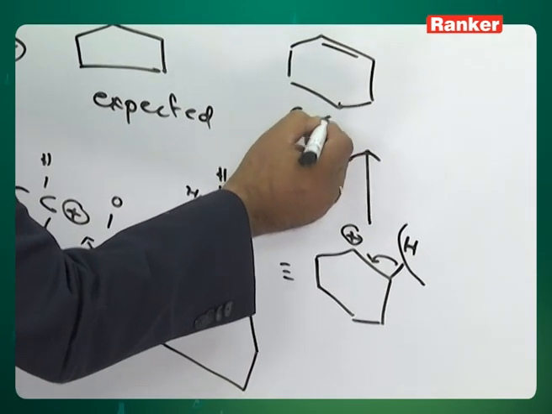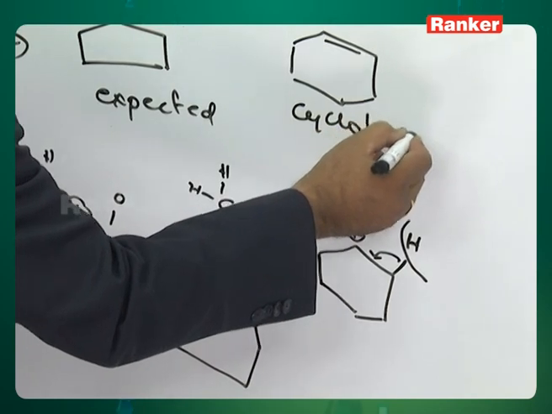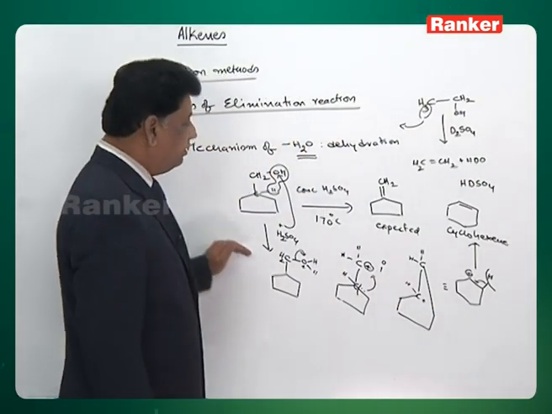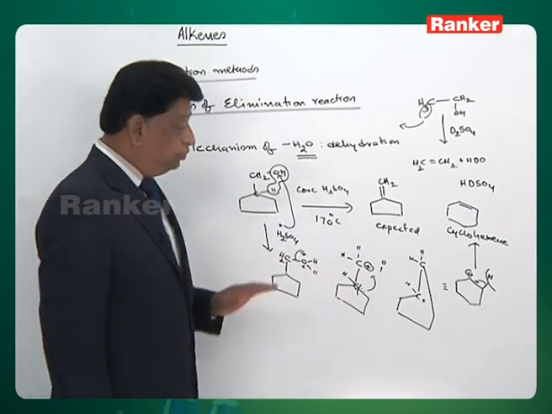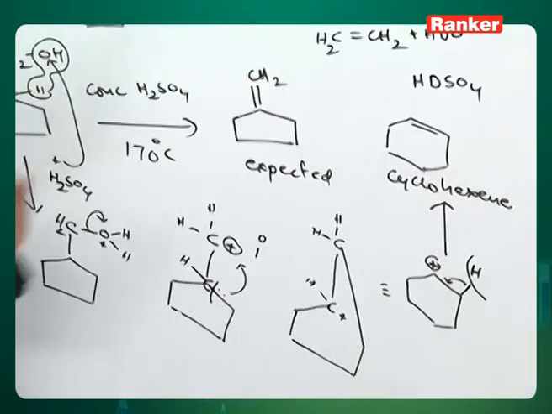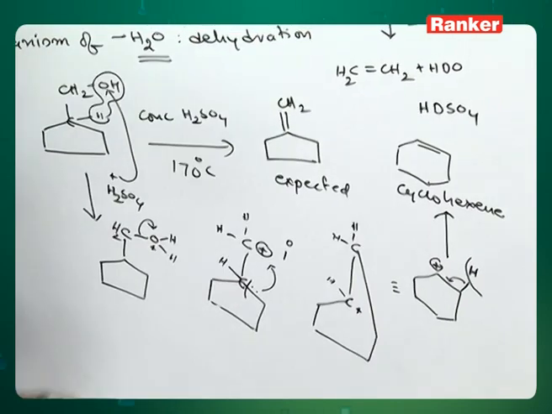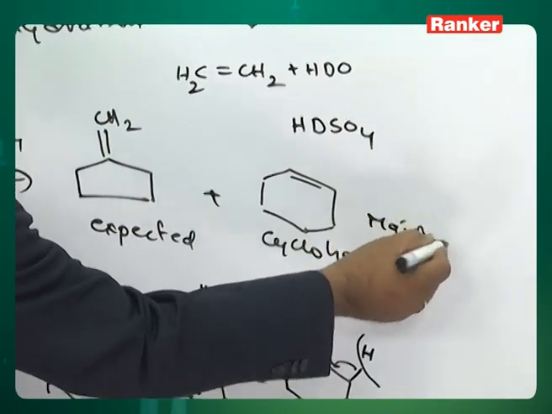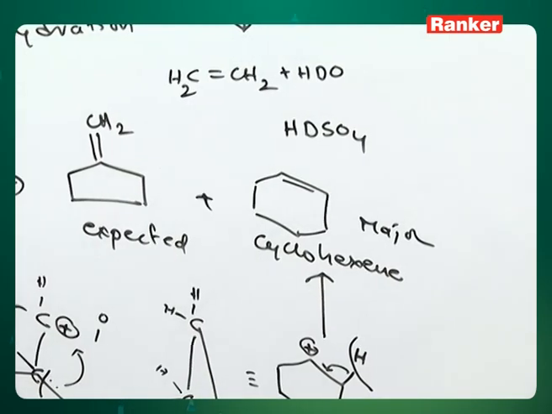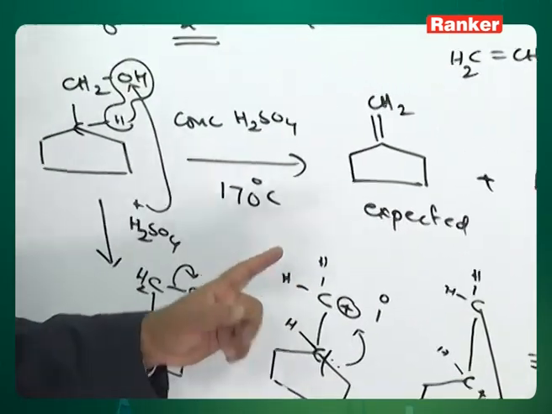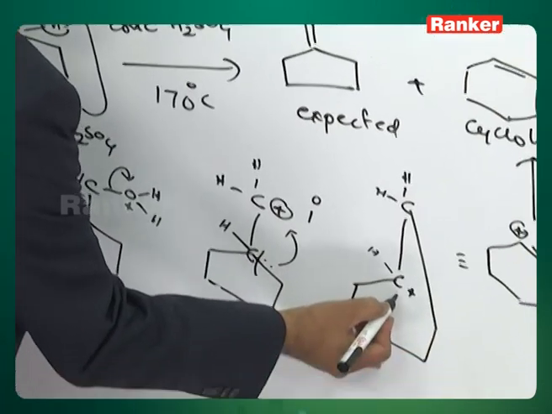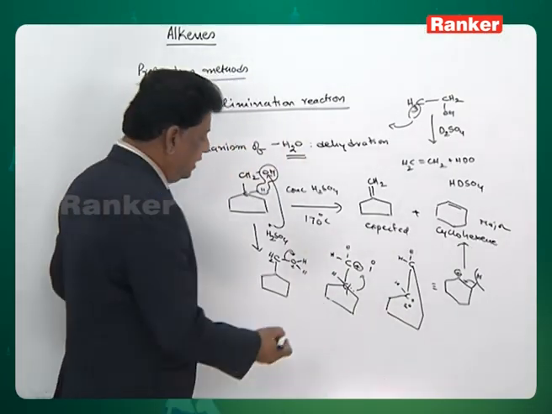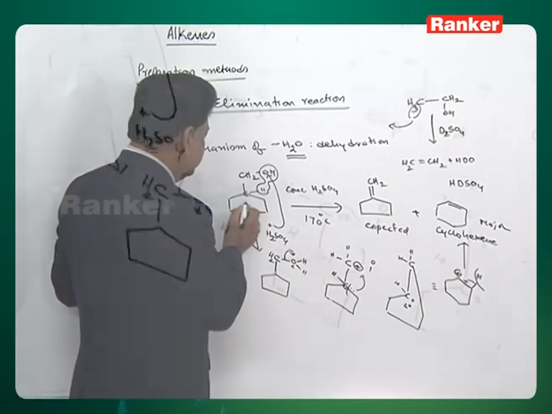Now, what is the favorable factor that you have during this second product formation as a major product? Why do you get this one? One is that the 1 degree carbocation formed has become a 2 degree carbocation. Another is that we have a 5-membered ring, isn't it?